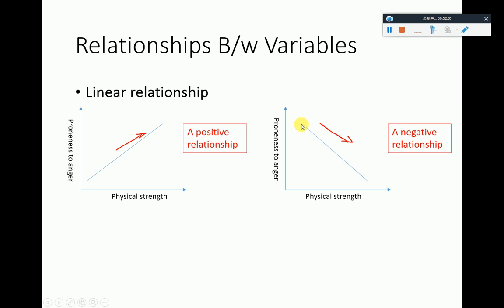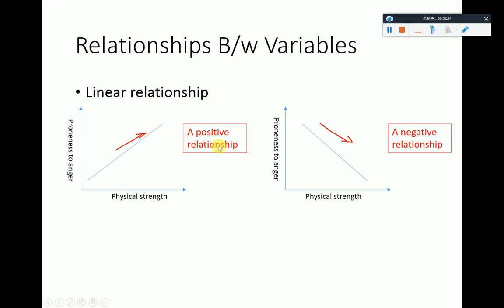It's linear because, first of all, it's a straight line, right? It's negative because it's shooting in this way. But you ask, well, in what way, right? Now let's make sense of it.